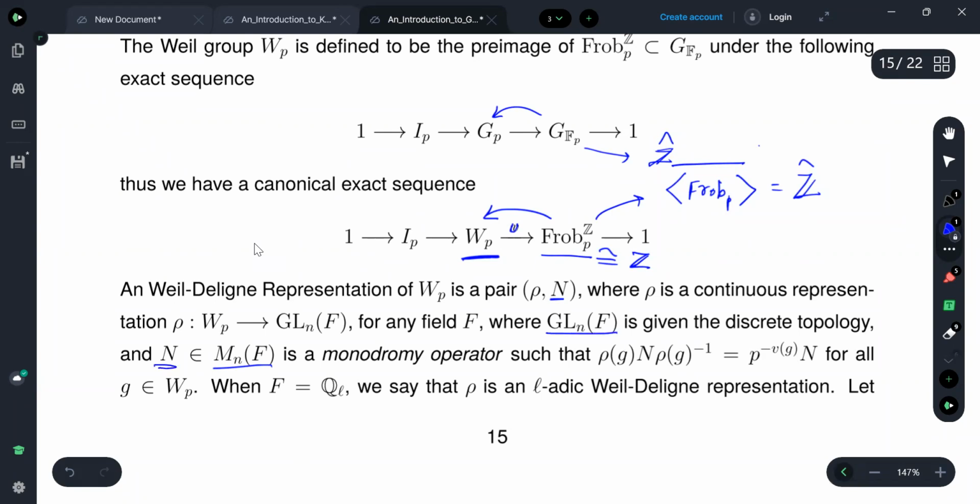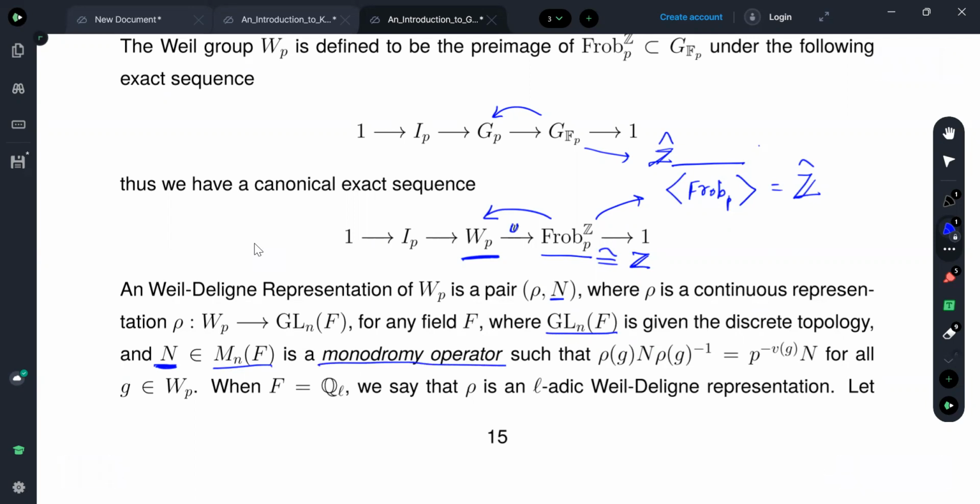N is a matrix inside M_n(F), which is also called the monodromy operator. I don't know why this is called the monodromy operator, but I'm just stating the definition, which satisfies this identity: rho(g) N rho(g)^{-1} equals p^{-v(g)} N for all g inside W_p.